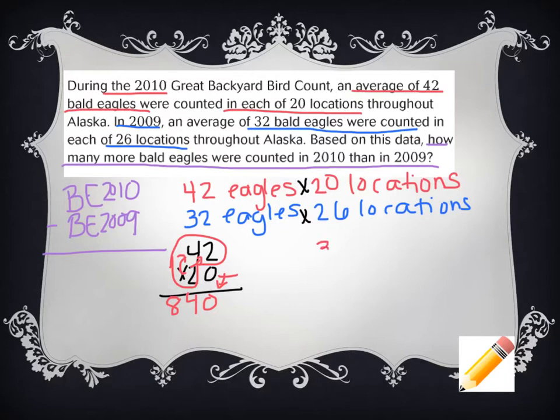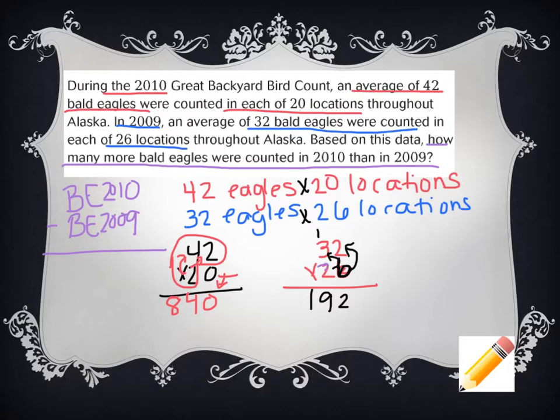For 32 times 26, I'm going to use the regular algorithm to multiply using regrouping. 6 times 2 is 12. 6 times 3 is 18, and one more is 19.